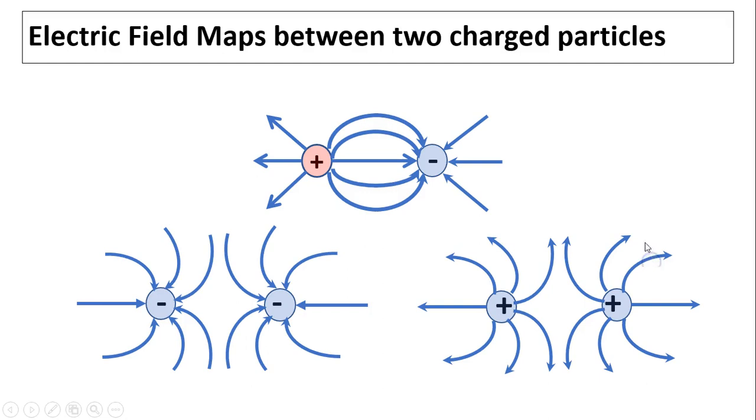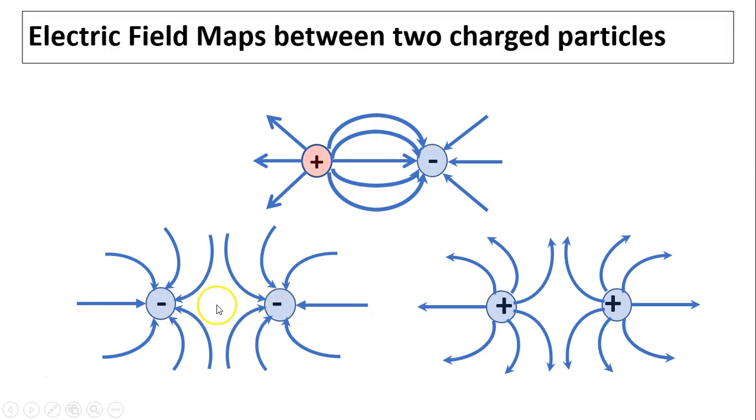Electric field lines or field maps. So we know electric field is going away from positive, coming toward a negative. So here is the field between positive and negative. Here is the field between negative and negative, so coming toward a negative.